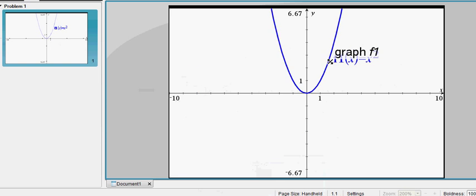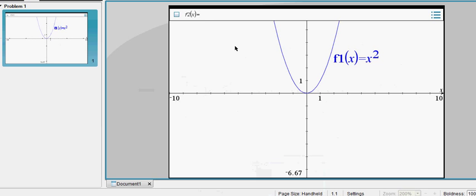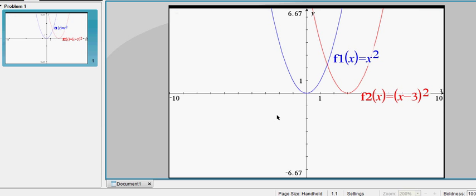You have surely seen a graph like this, where we've got f of x is x squared, and then somebody goes ahead and graphs this, and you say, oh my goodness, it's got a -3 in it, and it moved to the right 3, and then you say, well, that couldn't possibly be a coincidence.